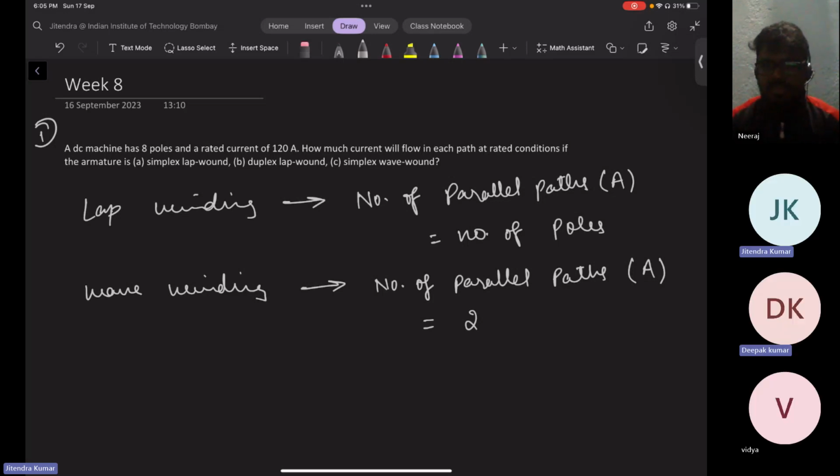But sir, as he said, the insulation will be less, but insulation depends on voltage, not current, I think. Yes, that is correct. Insulation requirement might be the same.